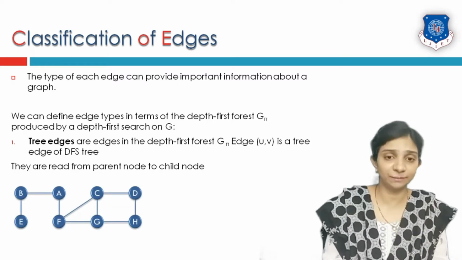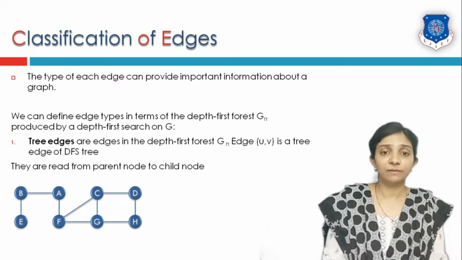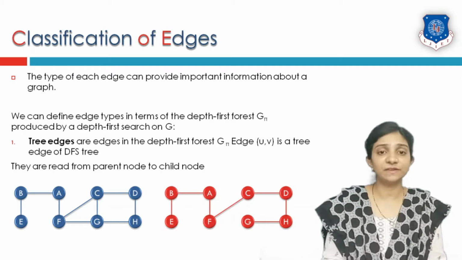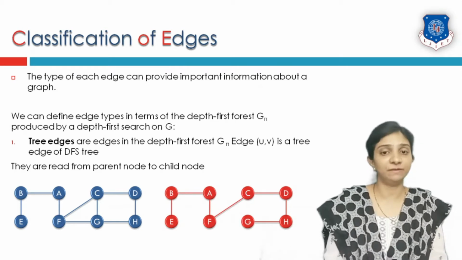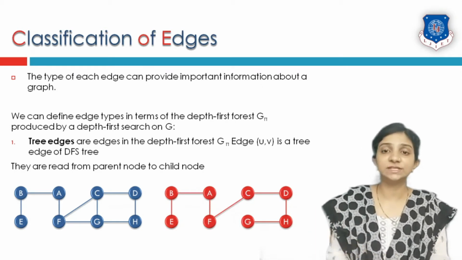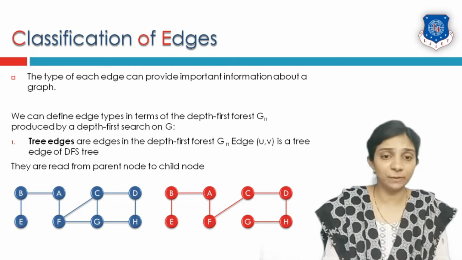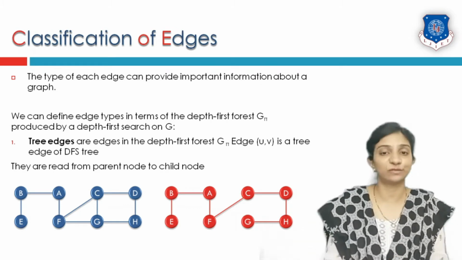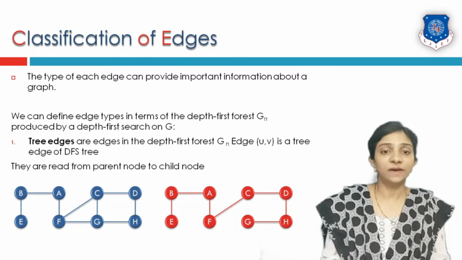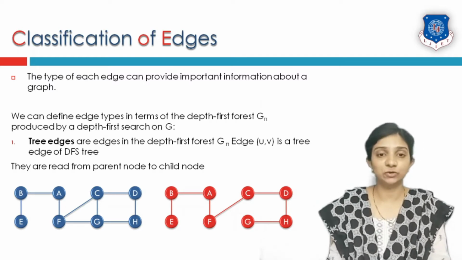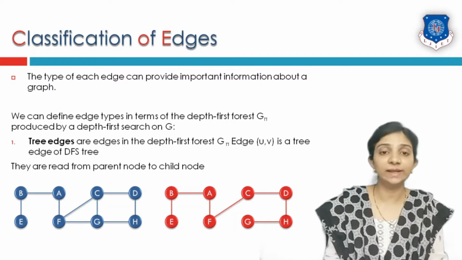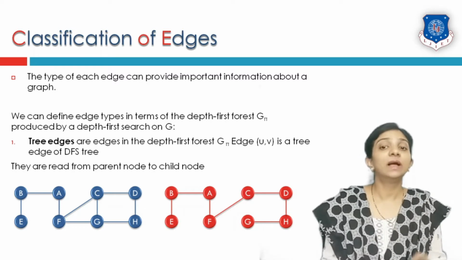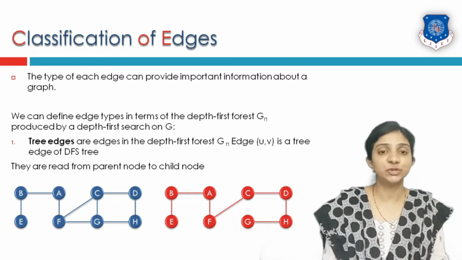So take the example, this is my graph. The same graph traversal of DFS we have seen as an example in our previous lecture, whose equivalent DFS tree is also shown. Some of the edges belong to the graph and are also included inside the DFS tree. These edges are called tree edges.